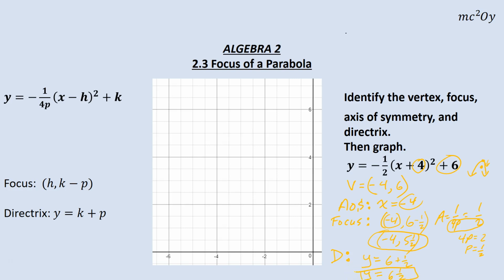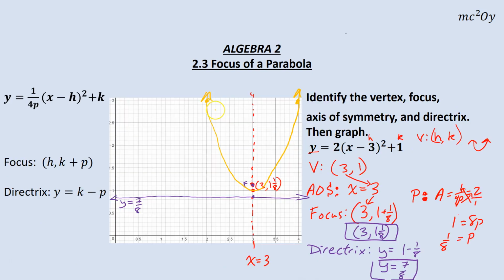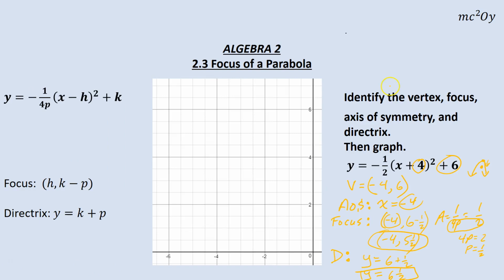Okay, so plotting these things, I'm going to put my vertex in at (negative 4, positive 6). And the axis of symmetry, x equals negative 4.